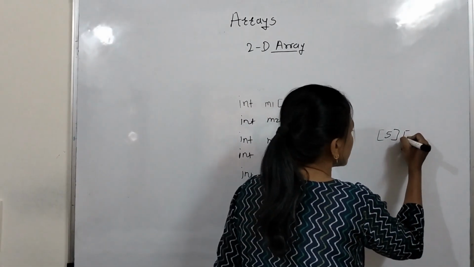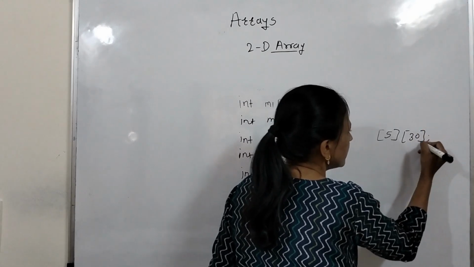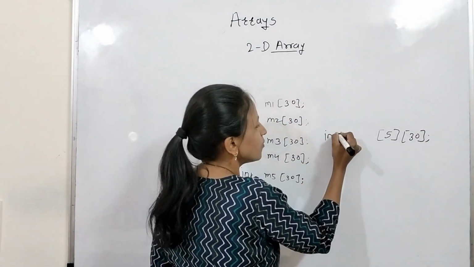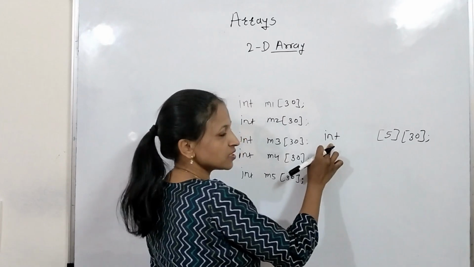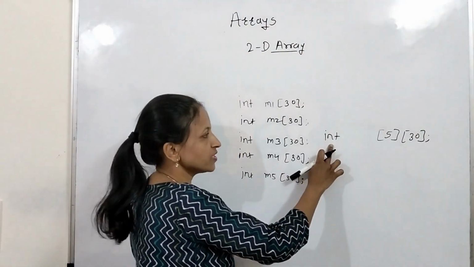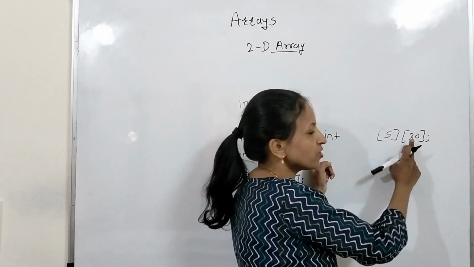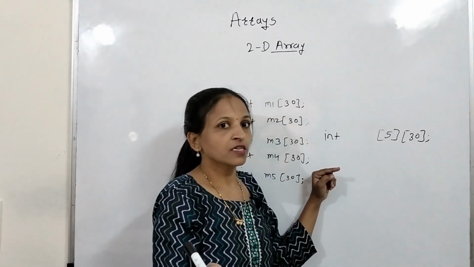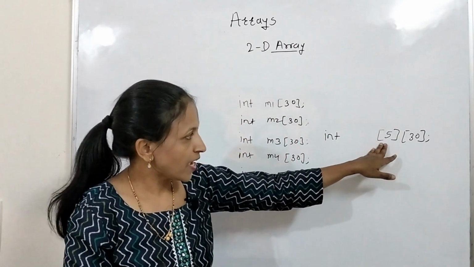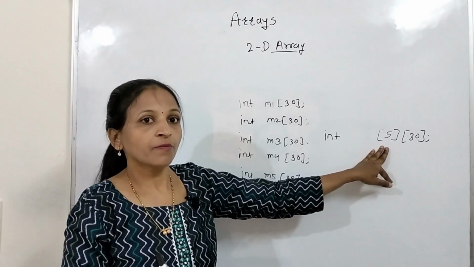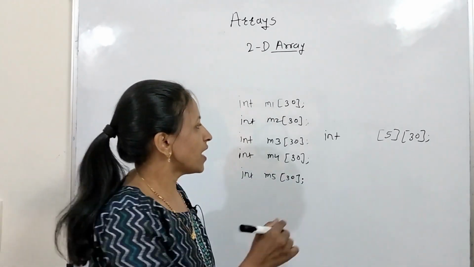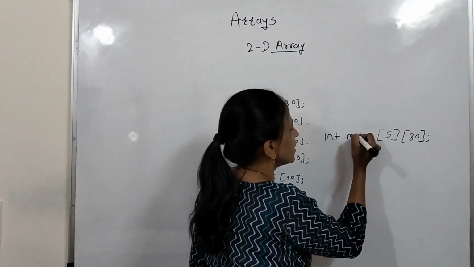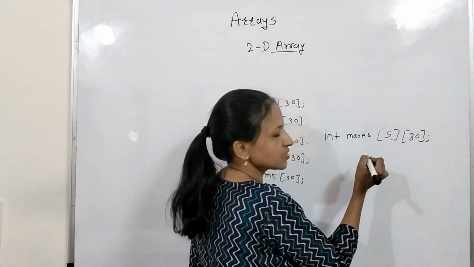That's why I will write 30 as the second dimension, and the data type of that individual array is integer. This is an integer array of size 30, and we are creating 5 arrays here. 5 elements are there in it, and we can give it a name like marks.